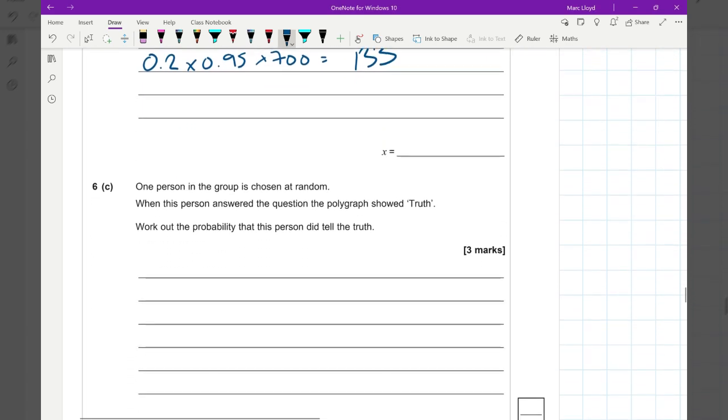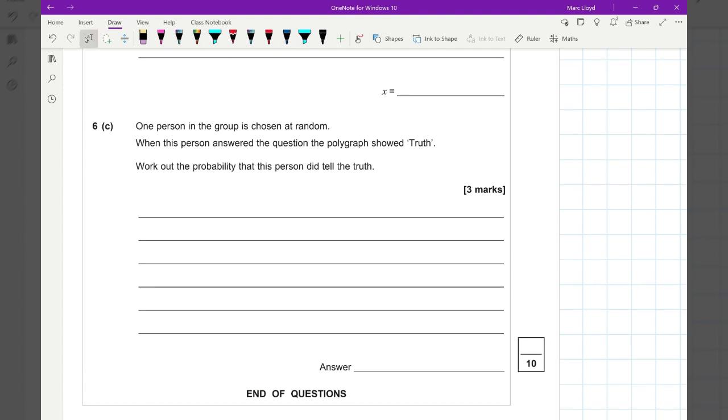Crazy. Right, 3 marks. One person in the group is chosen at random. When this person answered the question, the polygraph showed truth. Work out the probability that this person did tell the truth. So they were told to be true, says truth, or they were told to lie, and then it came out as truth. That's what we need for our denominator.